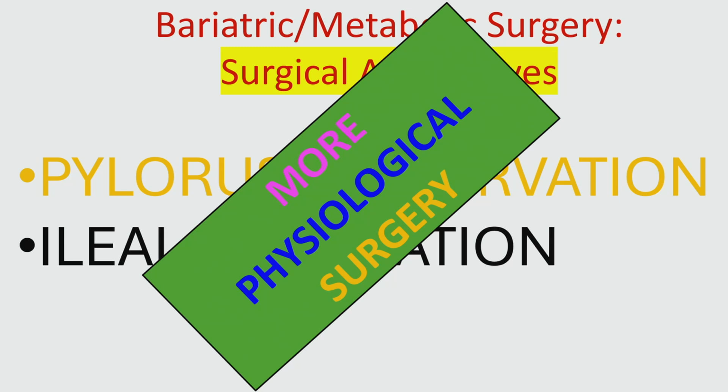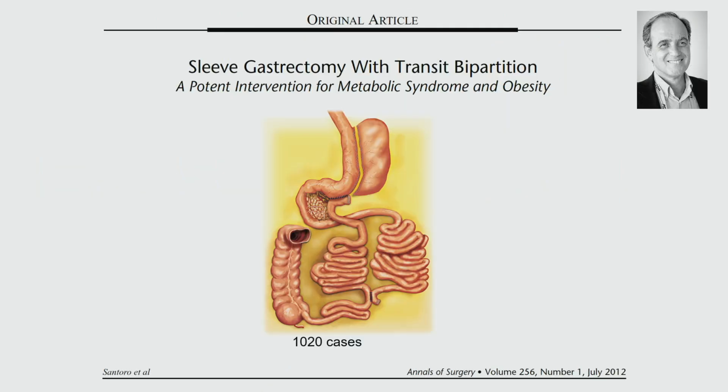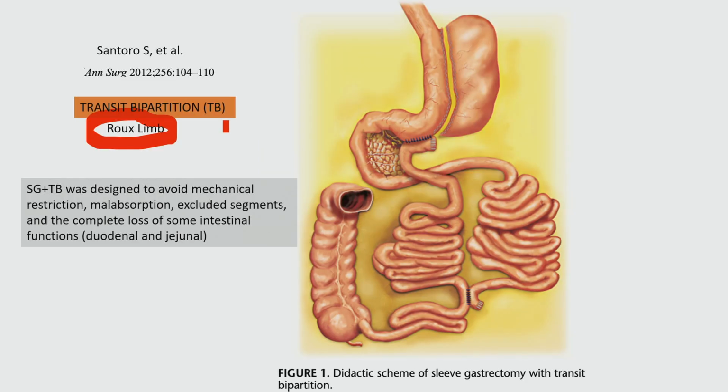I think this guy, Sergio Santoro from Brazil, was the pioneer in bringing up this concept of the sleeve gastrectomy with the transit bipartition. In a very important paper he published in Annals of Surgery in 2012, he described the concept of this procedure: a sleeve gastrectomy and a transit bipartition, Roux-en-Y transit bipartition.